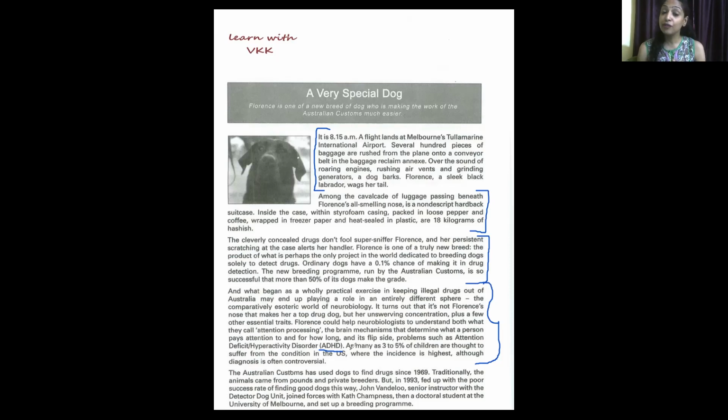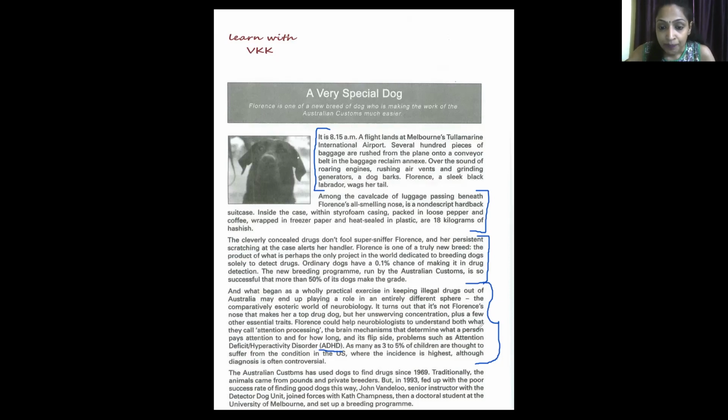Now I have to find, is this true, false, or not given? Going back to the question, it said that methods of determining if a child has ADHD are now widely accepted. Let's find out.